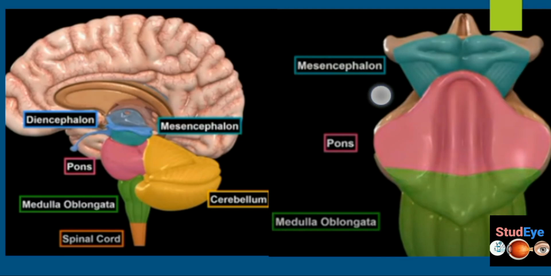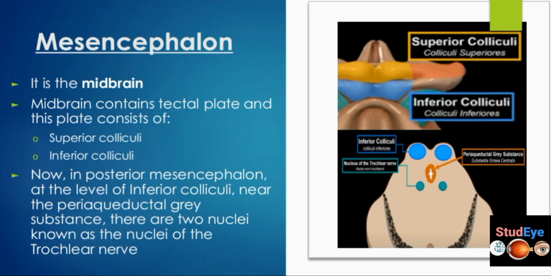And I have told you that the trochlear nerve arises at the level of the inferior colliculi in this mesencephalon or midbrain. So what is the mesencephalon? It is the other name of the midbrain. The mesencephalon consists of a lot of structures, but right now, because we are discussing from which structure the trochlear nerve arises, here is the tectal plate.